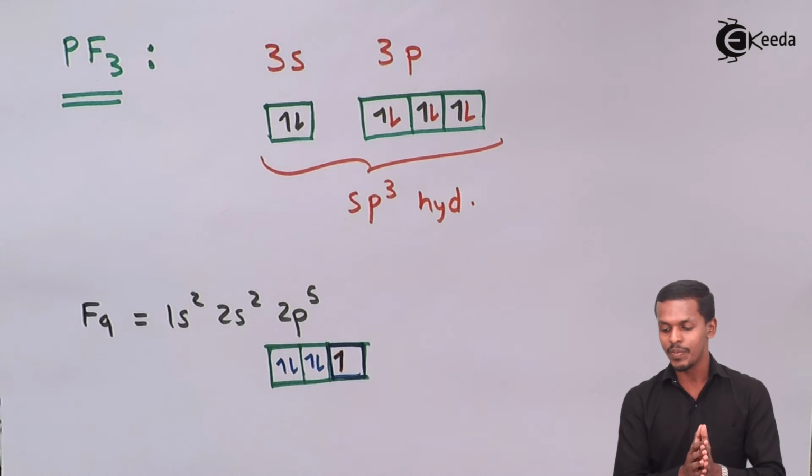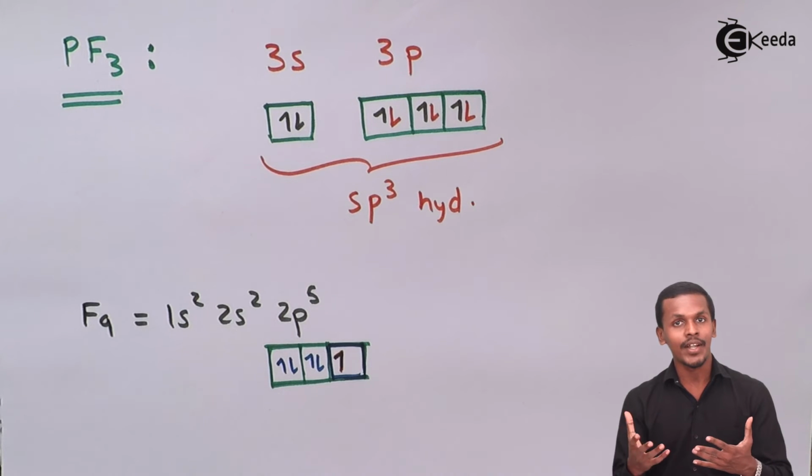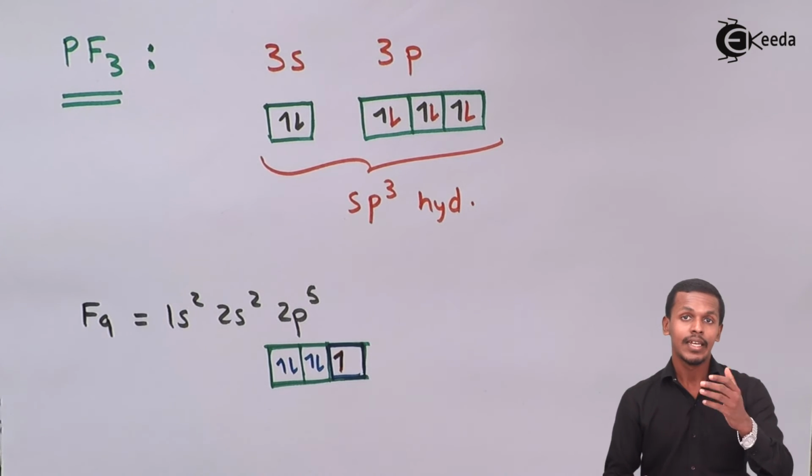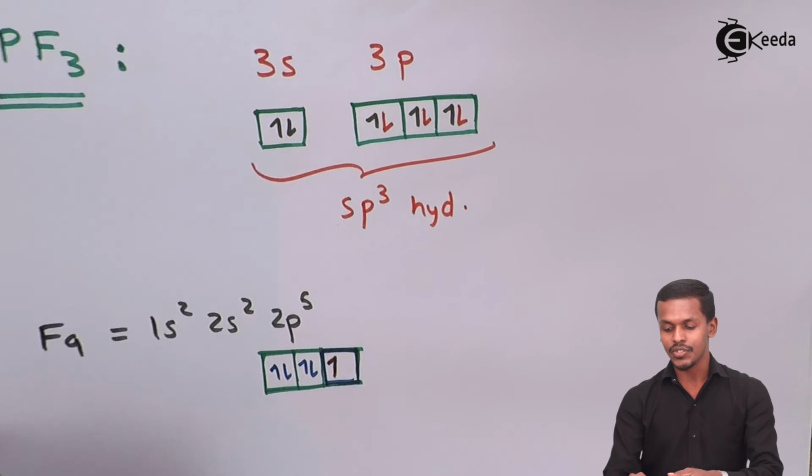The valence shell consists of, as we could see, 8 electrons, and that plays a very vital role in giving the geometry or the bond angle of it. So let me talk about the structure of it.